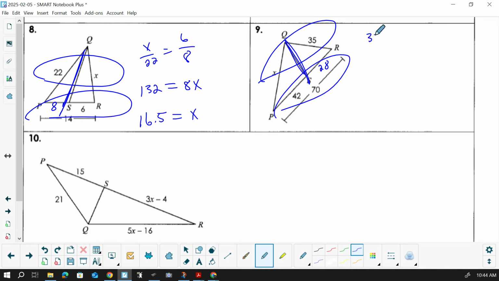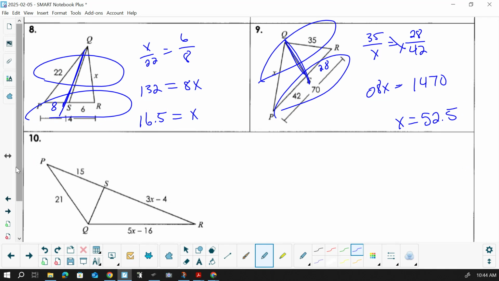So 35 over x and 28 over 42. And 35 times 42 is a big number, 1,470 equals 28x. Divide both sides by 28, and we get x is 52.5.